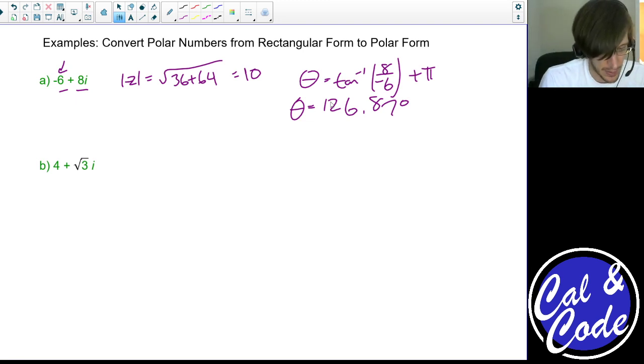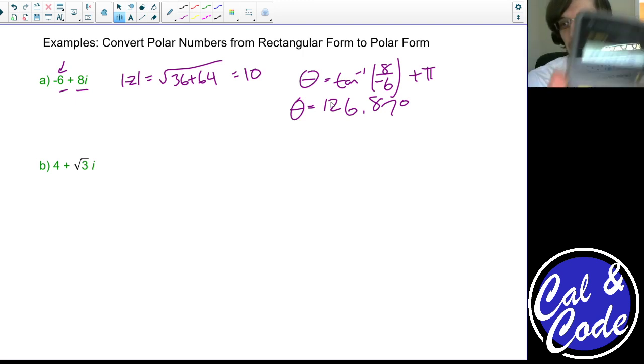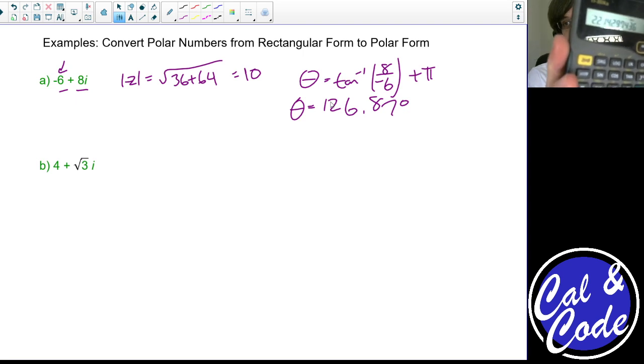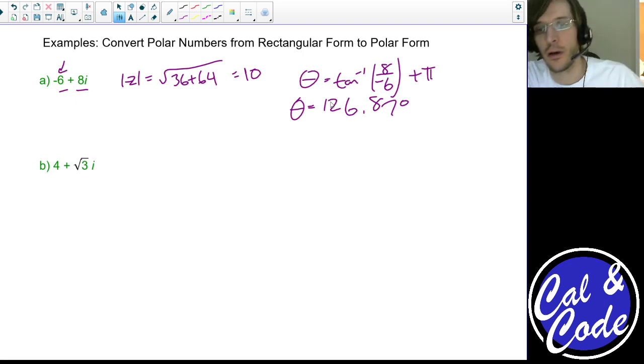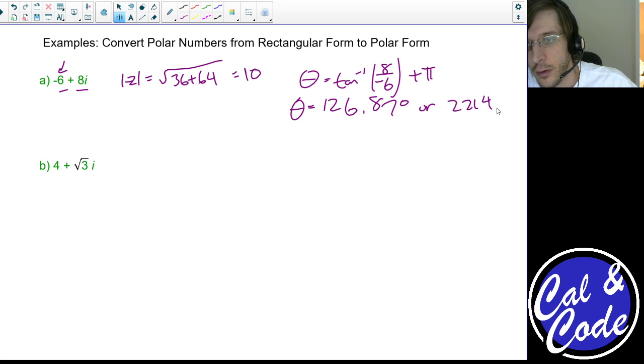When I do that, I get, as you can see, 2.214 radians.